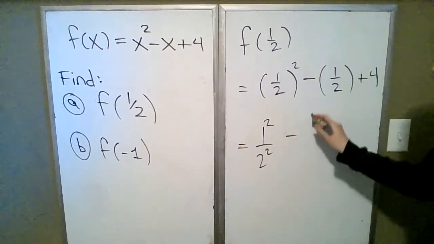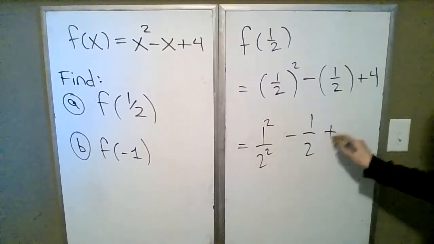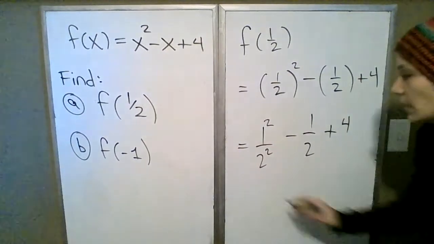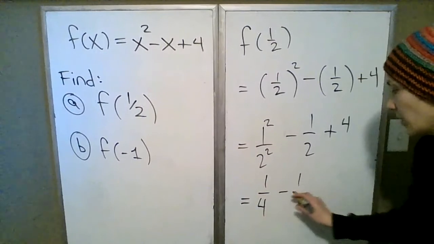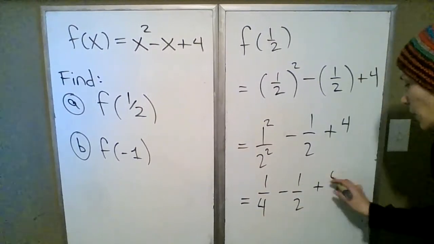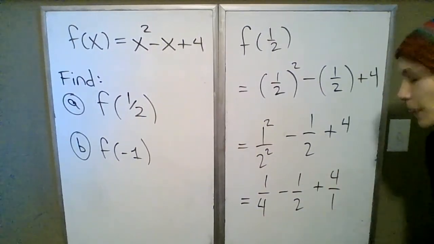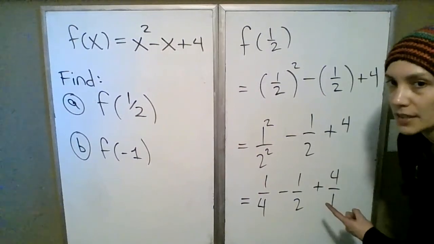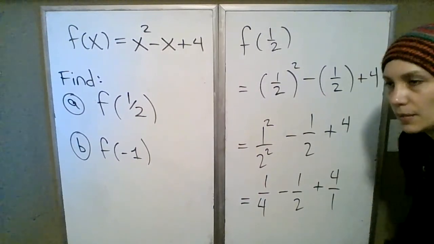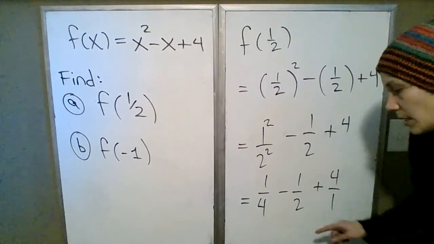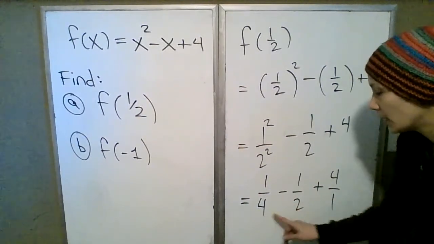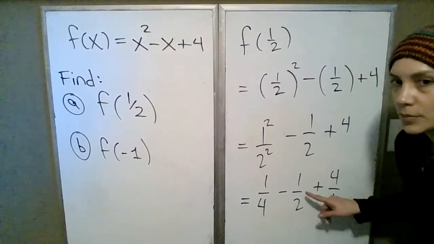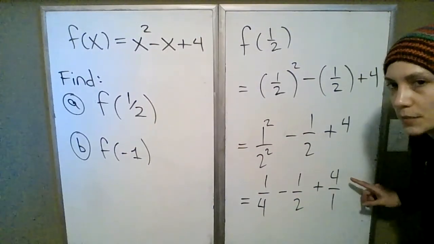We're subtracting 1/2 and add 4. So I've got 1/4 minus 1/2 plus 4, which I'm going to put over 1. Need a common denominator. The least common denominator, the LCD, is 4. So you can multiply this by 2 over 2 and this by 4 over 4.